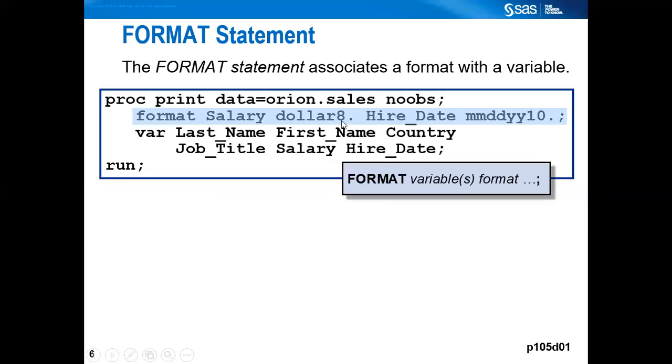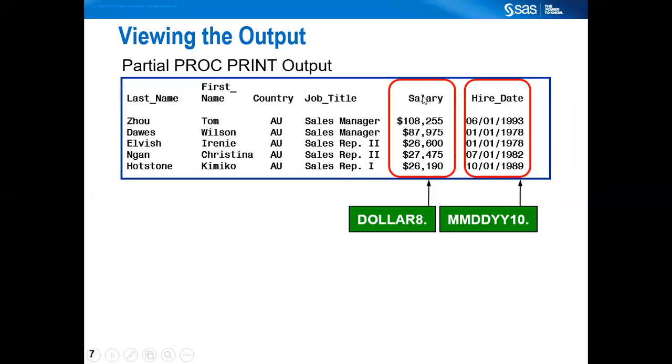For salary, they are using $8 dot. The syntax is a statement, hence it starts with the identifying keyword and ends with a semicolon. You can specify multiple variables with a common format or a variable with a respective format. And then you can see the values are enhanced.